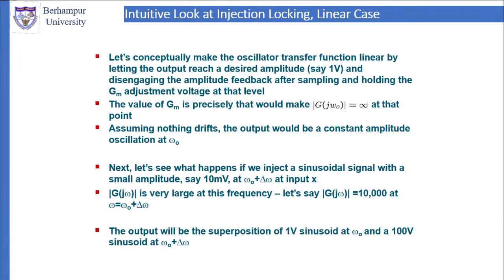Let us say G is equal to 10,000 at omega equal to omega 0 plus delta omega. Then the output will be the superposition of 1 volt at omega 0, and a 100 volt sinusoid at omega 0 plus delta omega.